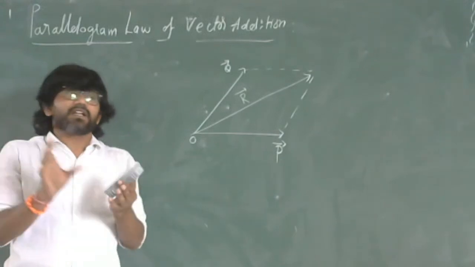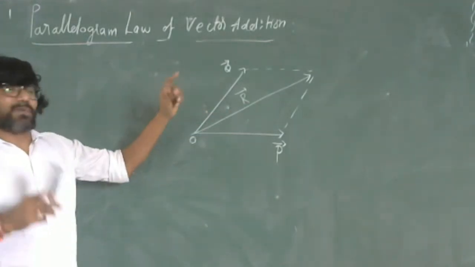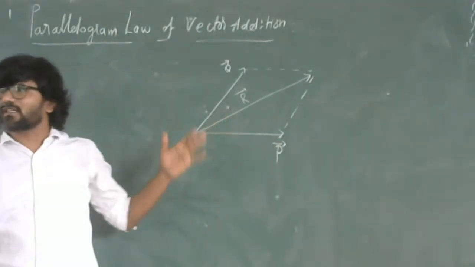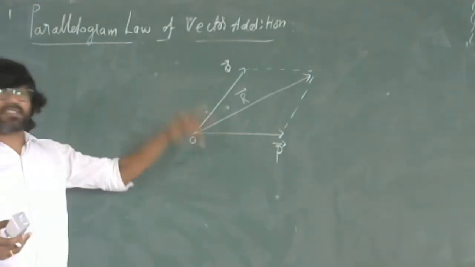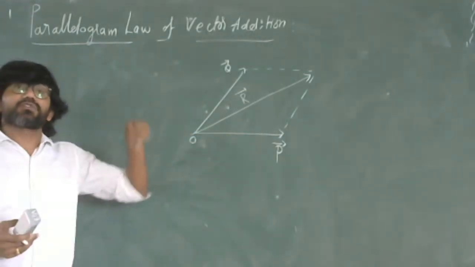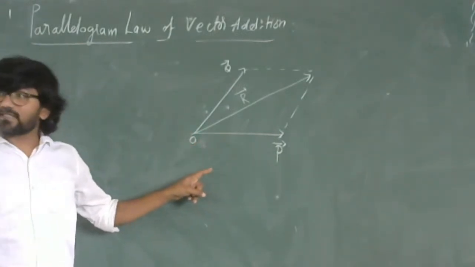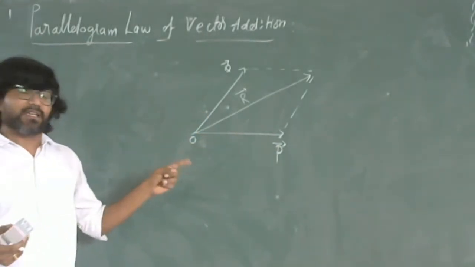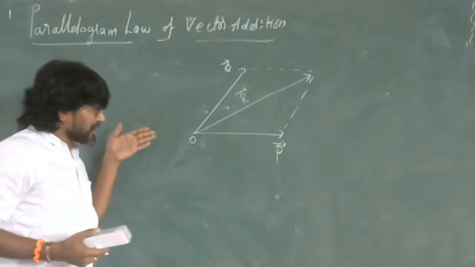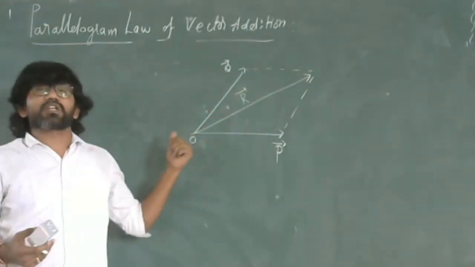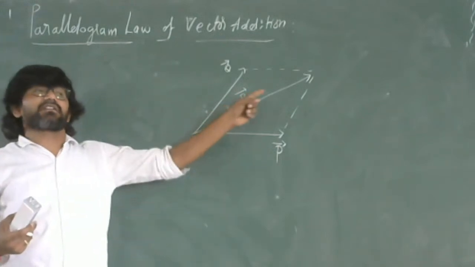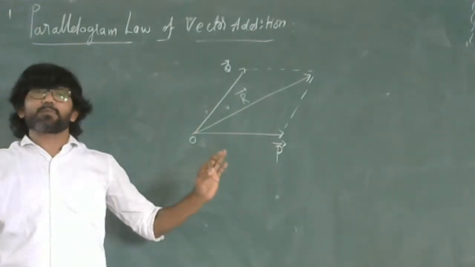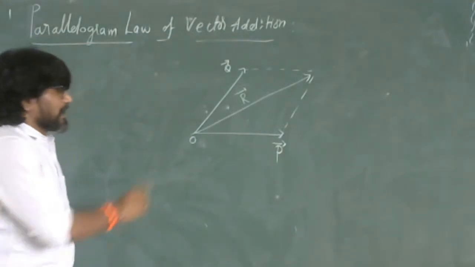Instead of saying two adjacent sides are represented by two concurrent vectors, then the diagonal passing through the common origin gives the resultant vector, you can also start with this: if two concurrent vectors represent two adjacent sides of a parallelogram, then the diagonal passing through the common origin gives the resultant vector both in magnitude and direction. You can change the words, but the meaning should be proper.